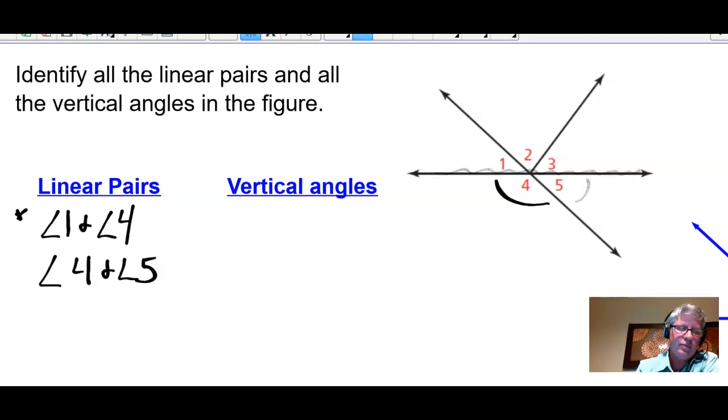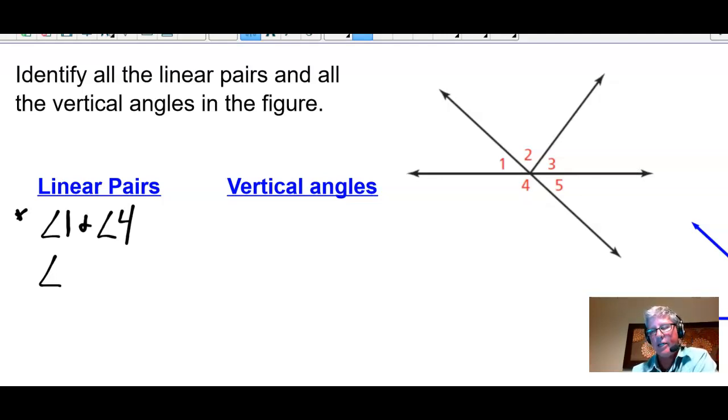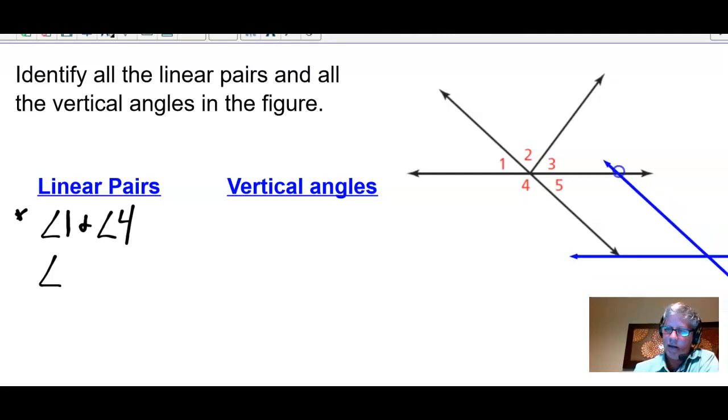Very cool. You're cruising. Are there any vertical angles? Now we're looking for two straight lines intersecting. I believe I have a visual to help, maybe. Yep.